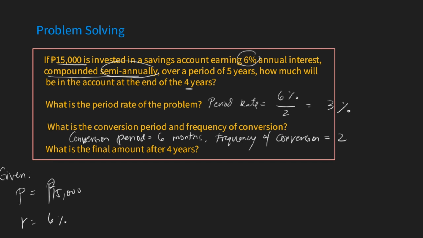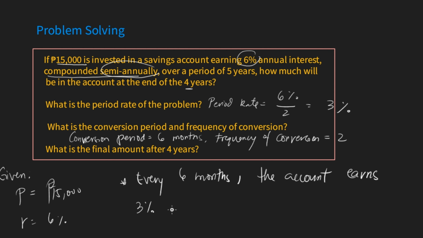So again, for the period rate, every 6 months the account earns 3% interest on the current balance.